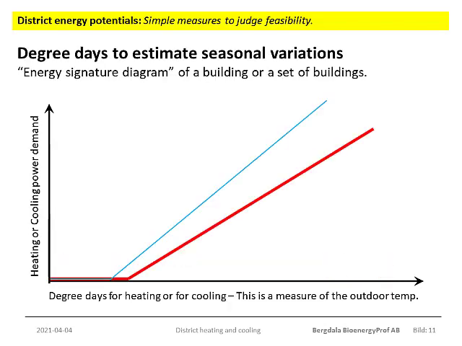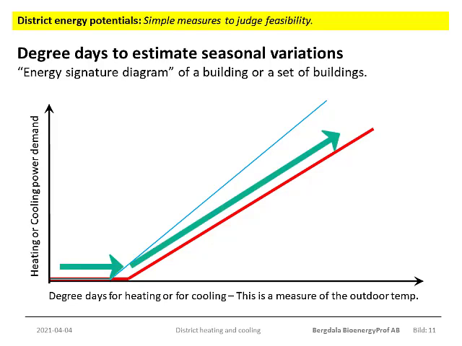To estimate the power needed, you will have to estimate or collect some data about the buildings. To do that, you want to find some type of energy demand measure. So what you want to find is a relevant energy signature. The energy signature is a graph that connects the heating or cooling power demand with the outdoor temperature.